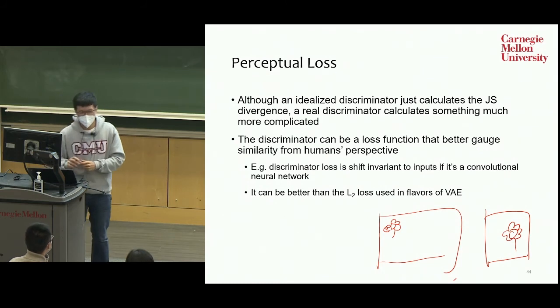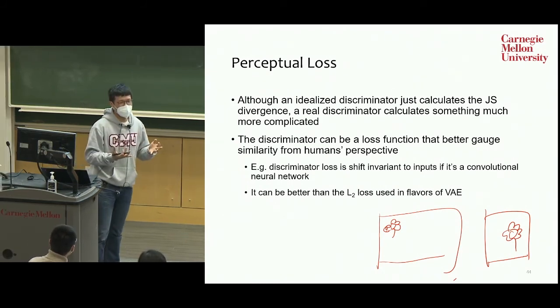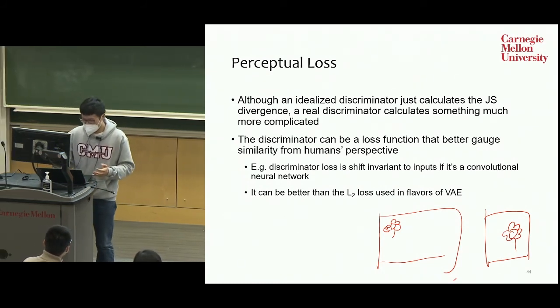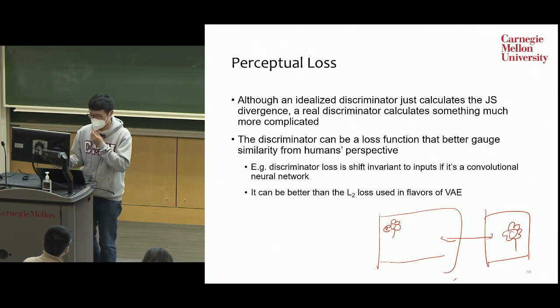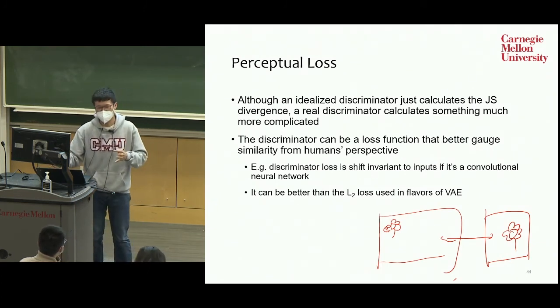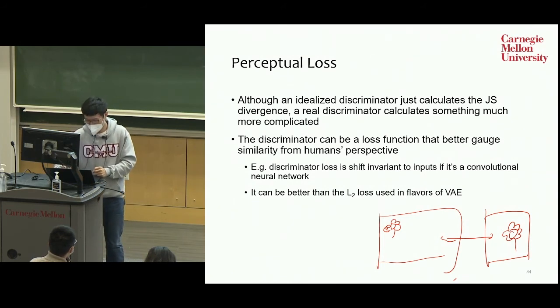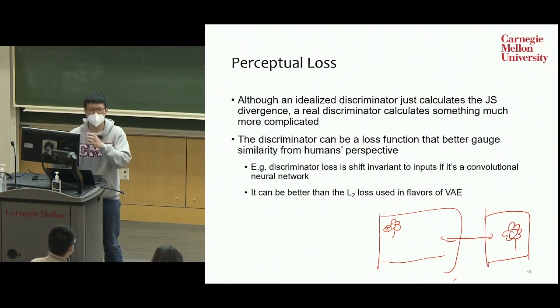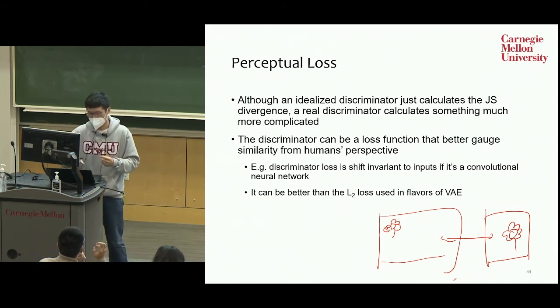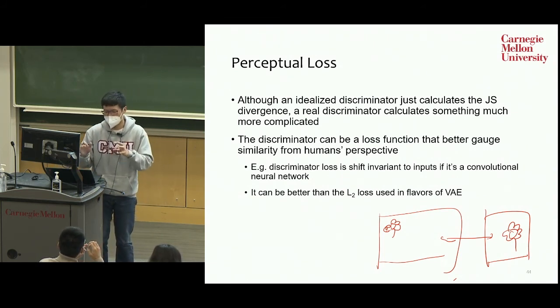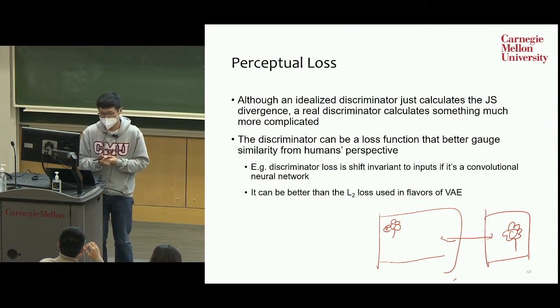However, if you use a simple pixel-wise loss, you see that these two images are not the same. And therefore the VAE's loss function will penalize the decoder for decoding an image that has a flower in a different position than the one in the training data. And I think that's why we say the discriminator can be thought of as a perceptual loss.